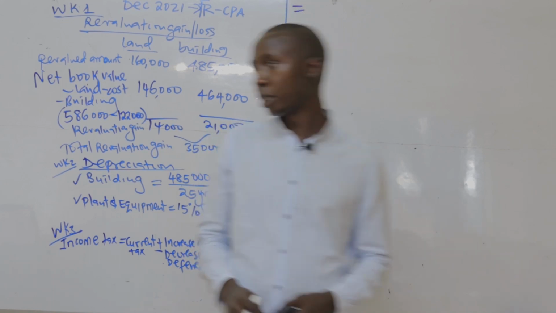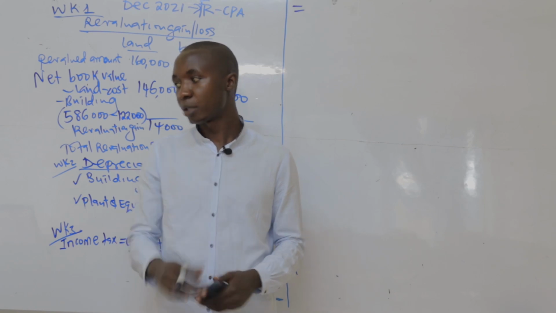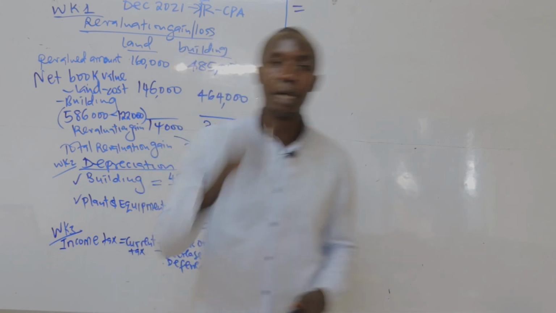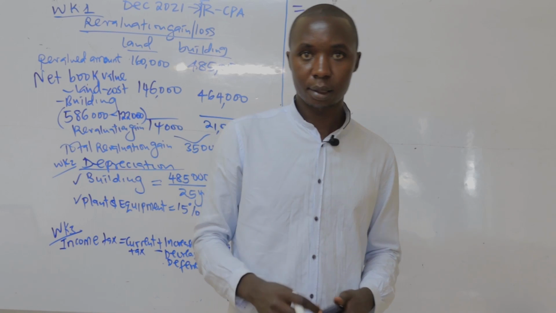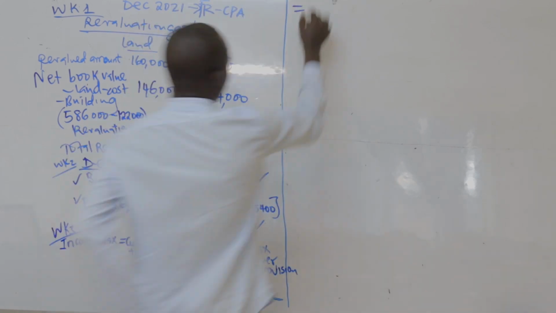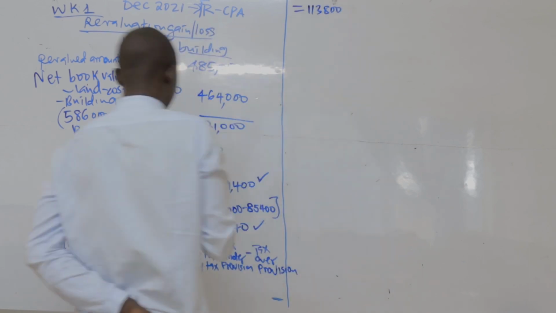It said that Baobab Limited estimated that an income tax provision of 113.8 million is required for the year ended 31st March 2021. That is the current tax for that relevant year: 113,800.